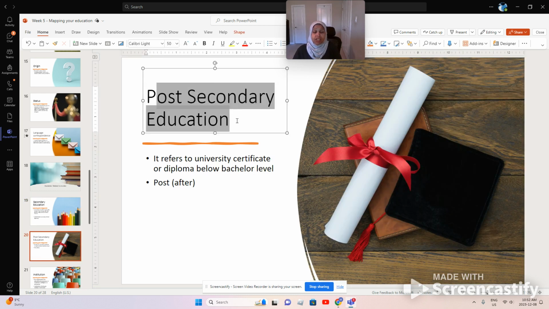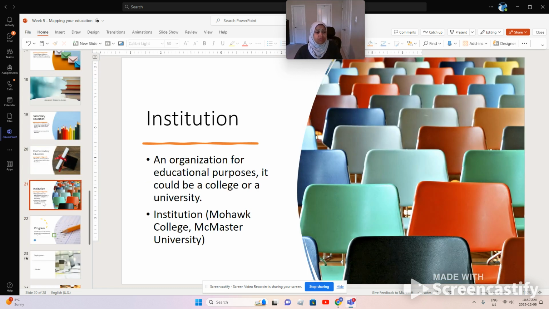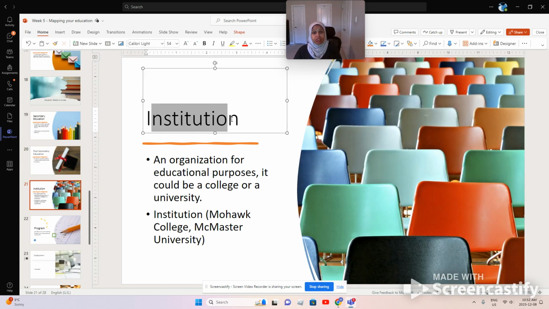Post secondary education talks about whatever you had taken after high school, because the word post means after. So that could be any college certification or any college diploma or university degree. The word institution talks about the building or the place of learning. So if I say institution, I mean a college or a university.